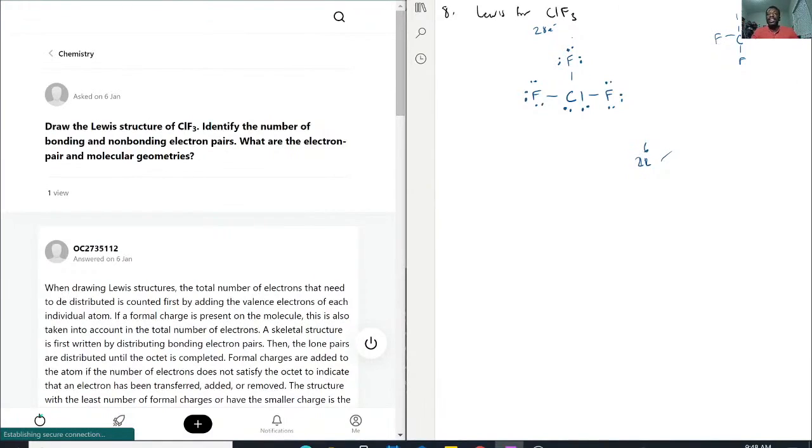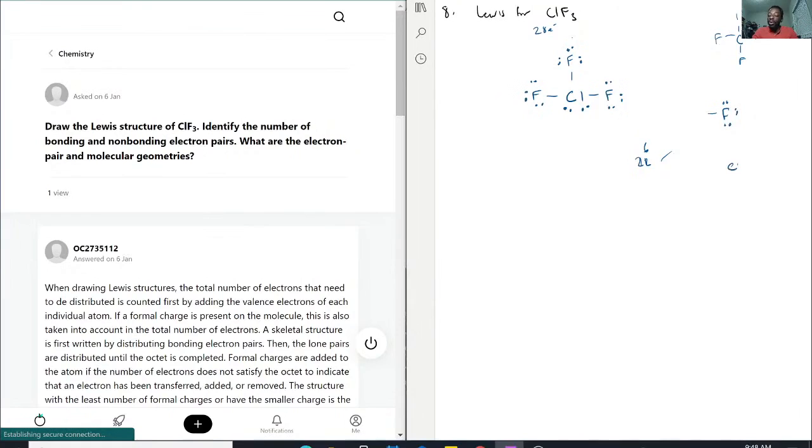Now we also have to see if this satisfies, well, not the octet rule, because chlorine is clearly breaking that, but the formal charge. Fluorine's formal charge of net 0 is typically drawn as 3 lone pairs and 1 bond. That is what every fluorine has.